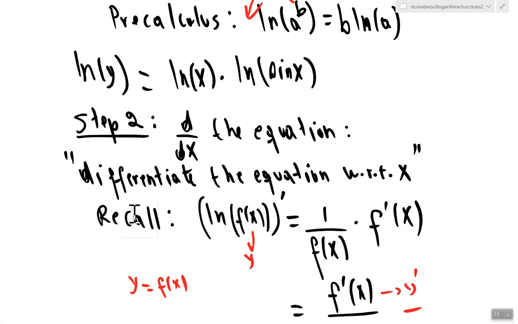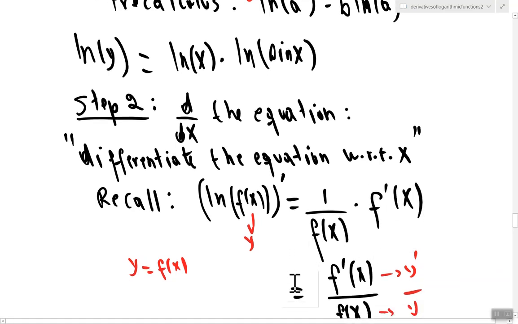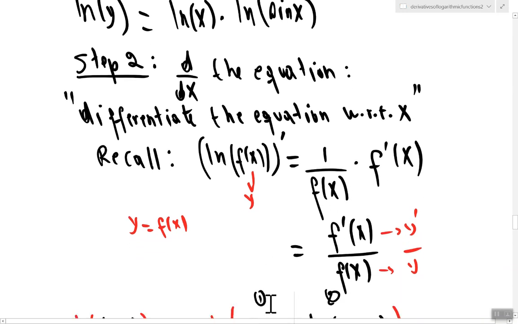So this time, when you're taking the derivative of ln of y with respect to x, it's like you're putting y for f of x. So the answer is going to be basically 1 over y times y prime, which is y prime over y.